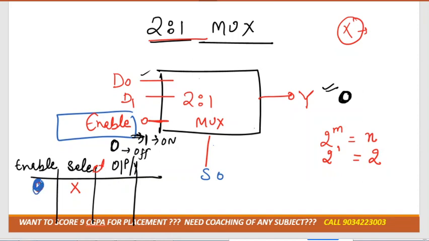Enable is like your MCB, so if the enable is off, the output is 0 or 1? Tell me.